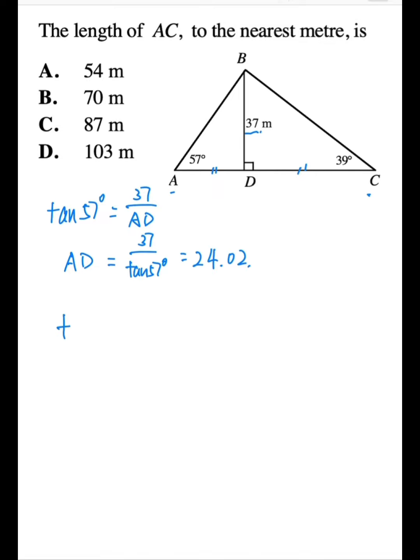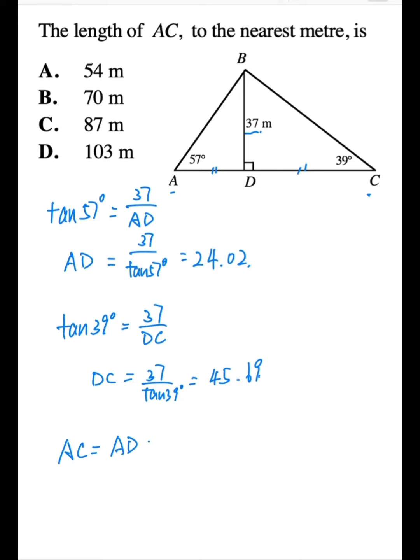In the same way, tangent 39 degrees equals 37 divided by DC, so DC equals 37 divided by tangent 39 degrees, which is about 45.69. AC equals AD plus DC, which is about 70. So the answer is B.